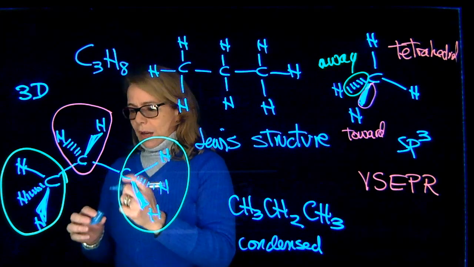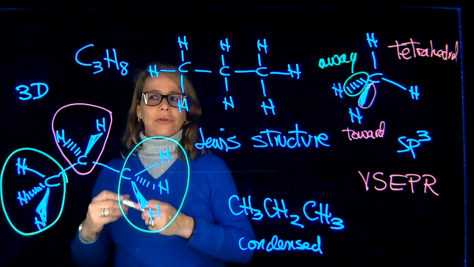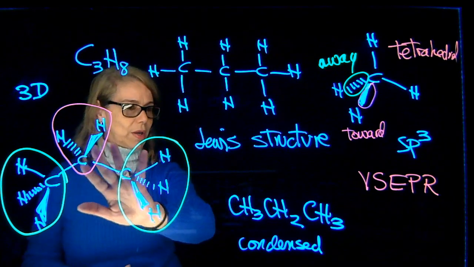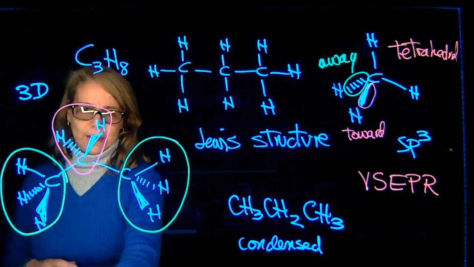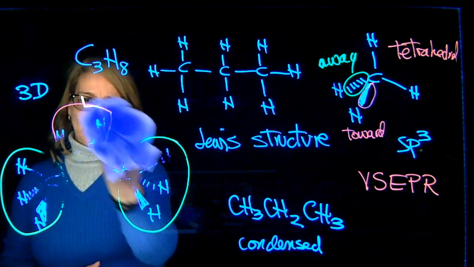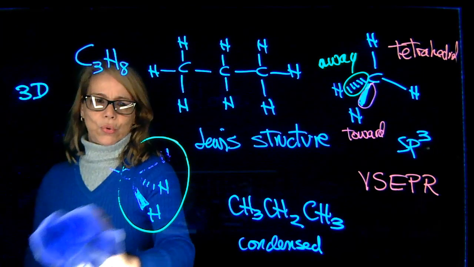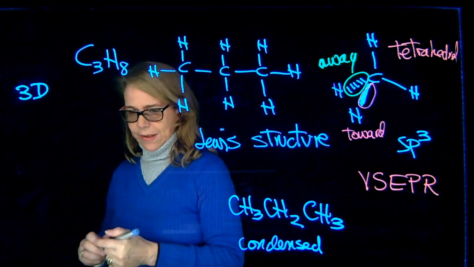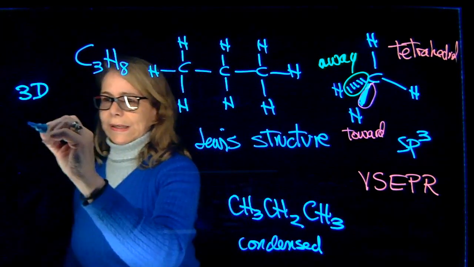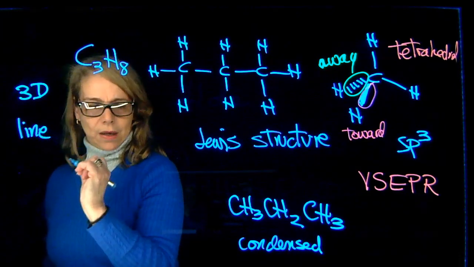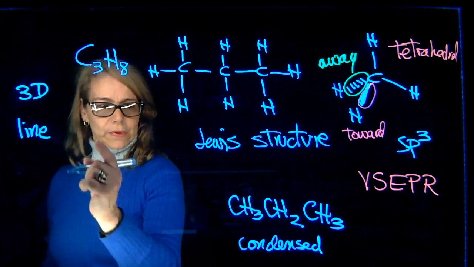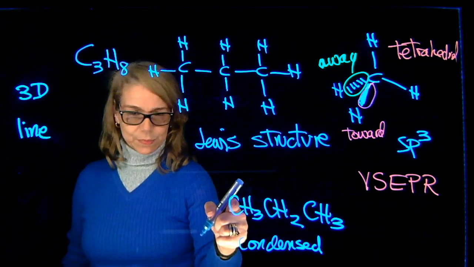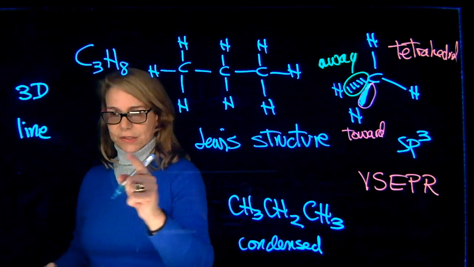Now, what we're doing is learning how to do line structures. I am going to erase this one, but we're going to keep that in mind. So I'm going to erase the 3D to show you how to do the line structure, just for this one example. In line structures, we're only going to draw the lines connecting carbons. We're not going to draw the carbons explicitly and not the hydrogens connected to carbon.